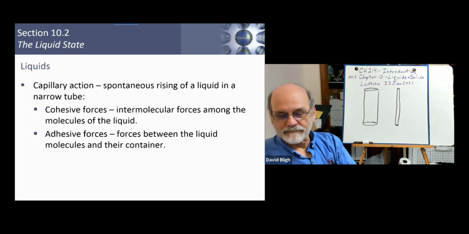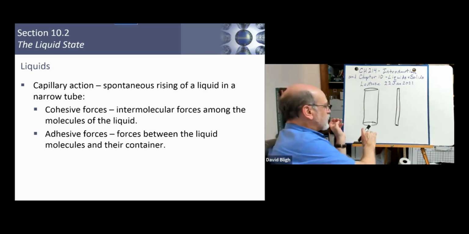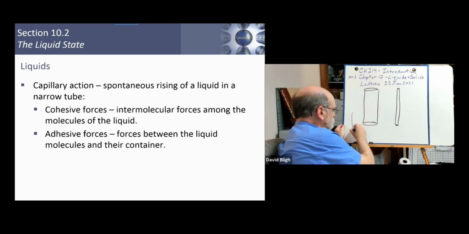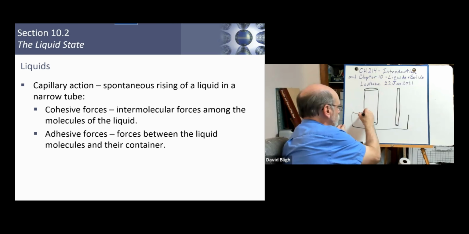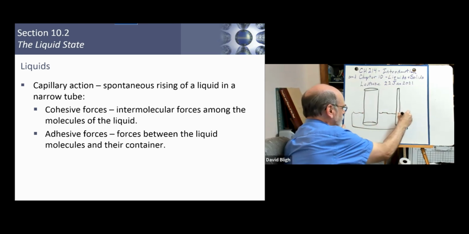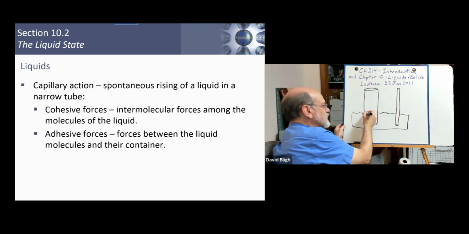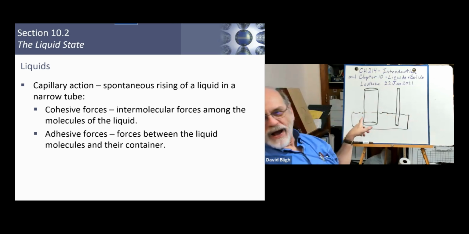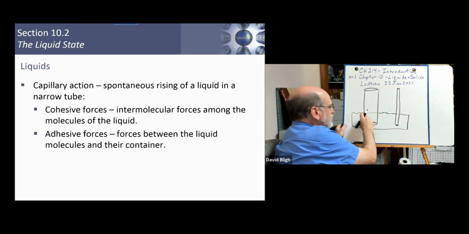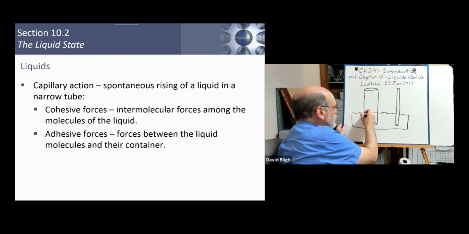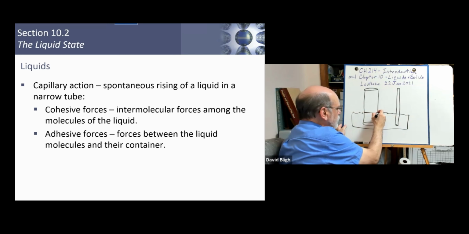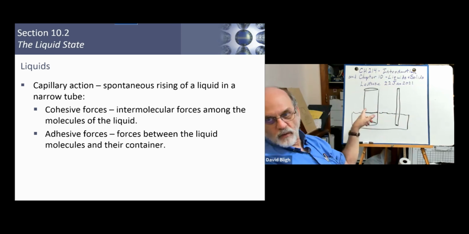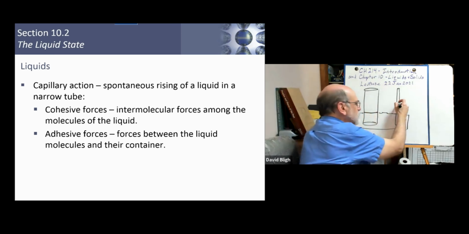All right? So if we put a liquid here, we would expect it to be right here. But in the wide bore tube, you may get a very slight rise, maybe not even any. And there may be some attraction on the walls. But in the capillary tube, it may rise up to here.